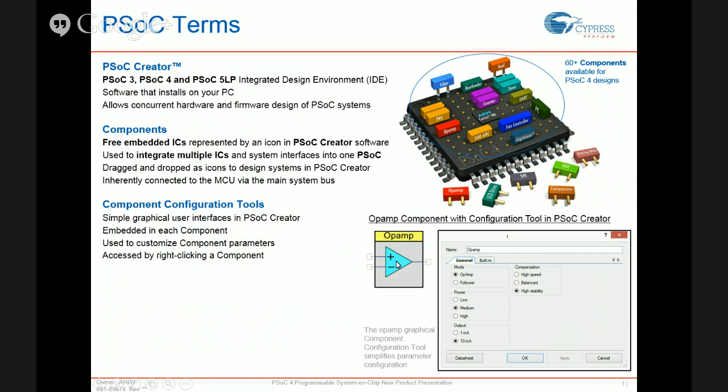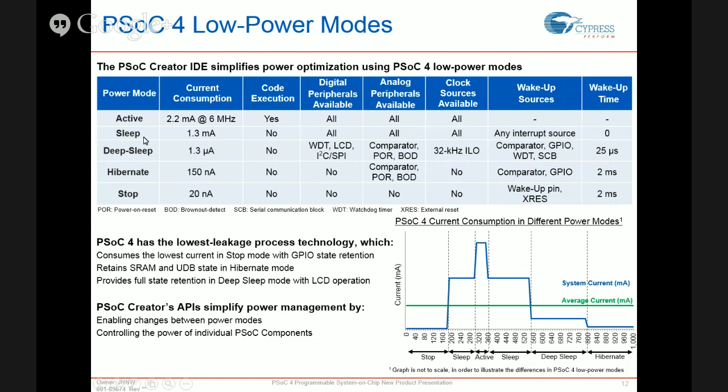But also, very interestingly, we provide a set of generated APIs, or libraries of C code that you can use in firmware to control these hardware blocks. And that's really the power of PSoC, creating custom hardware, but then controlling all of that hardware with firmware in a very easy way.